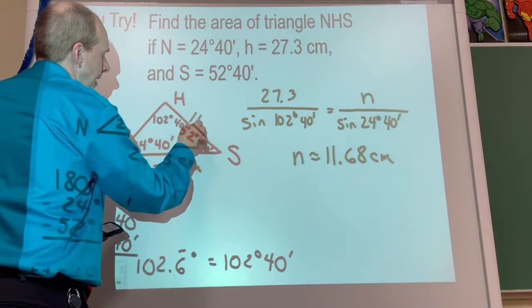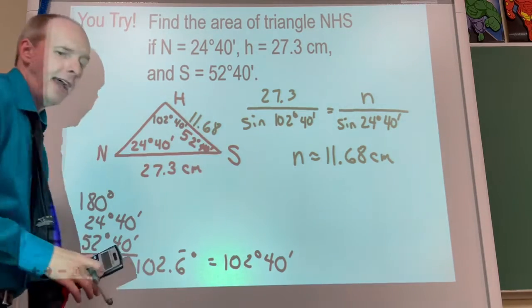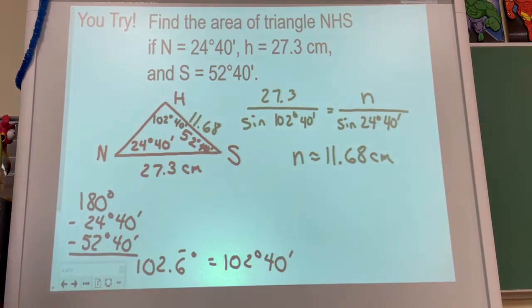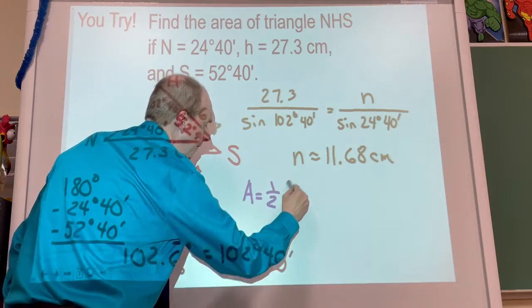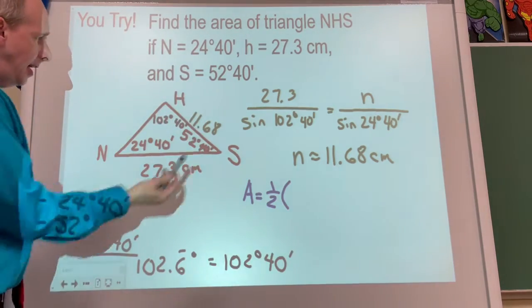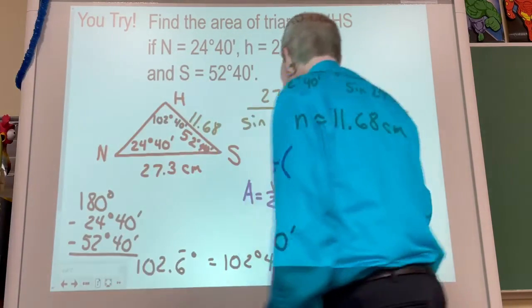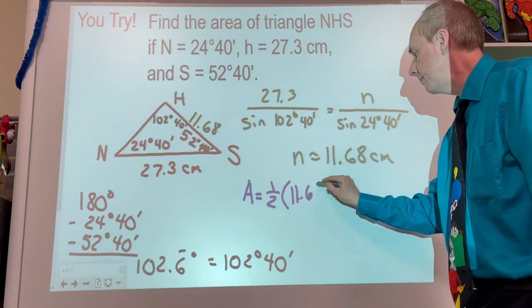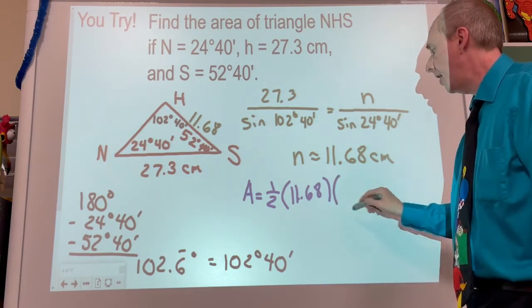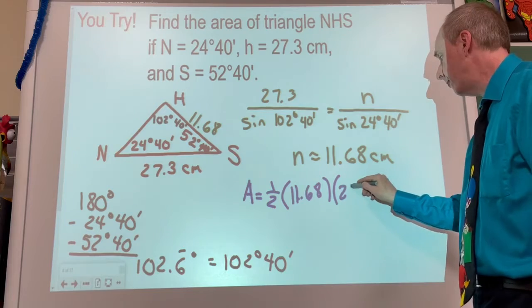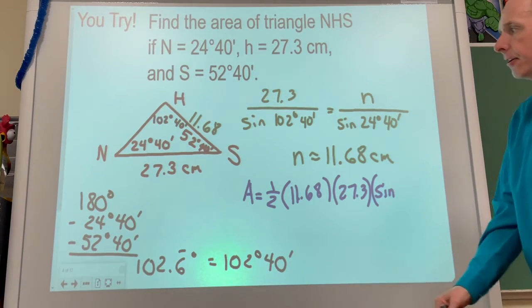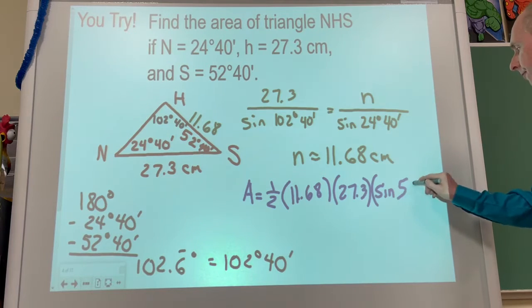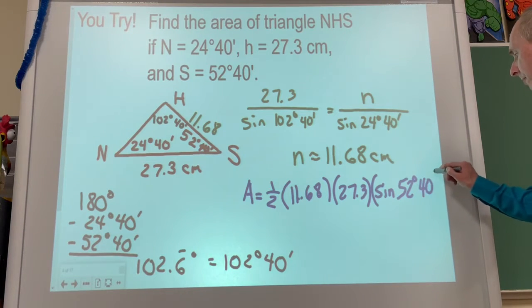So knowing that this side is 11.68, I can now turn to my formula to find the area. One half times a side, how about 11.68, times another side, like 27.3, times the sine of the included angle, which was 52 degrees, 40 minutes.